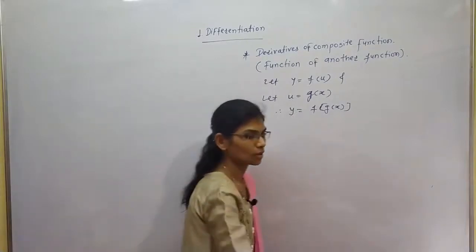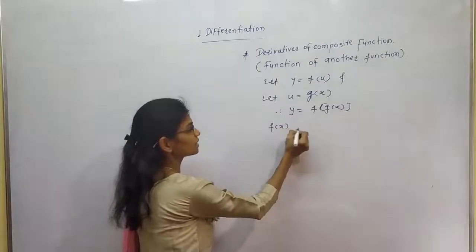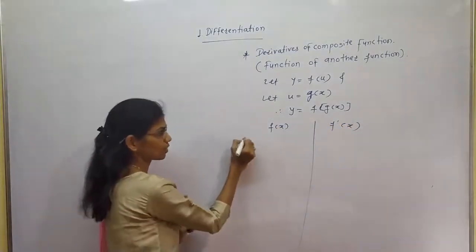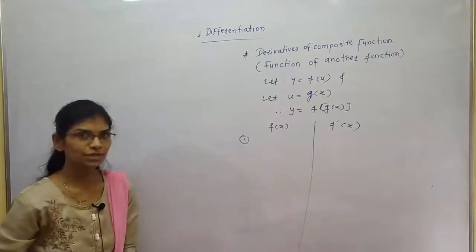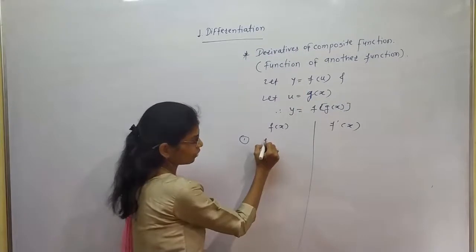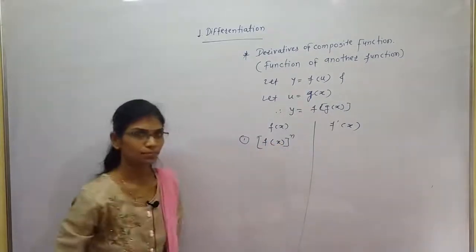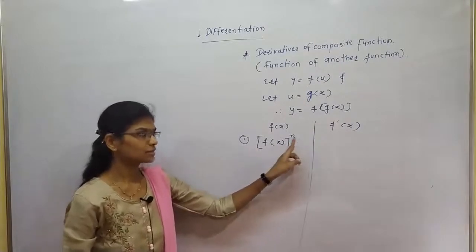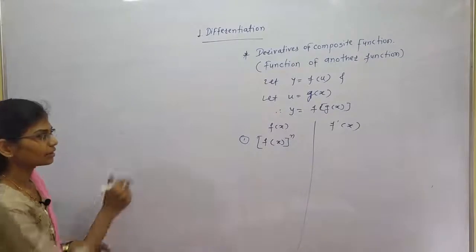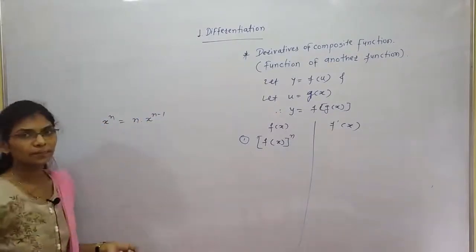First one, f of x, and second one is f dash of x, the derivative. First formula for composite function is f of x whole function raised to n. We know that the formula for x raised to n is n into x raised to n minus 1.